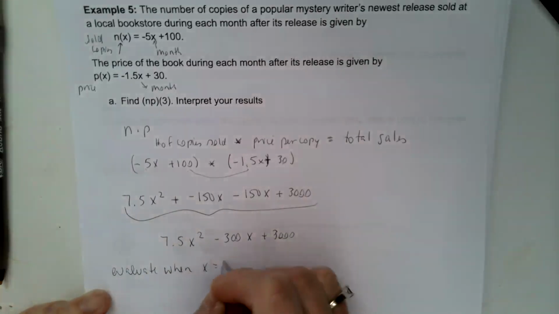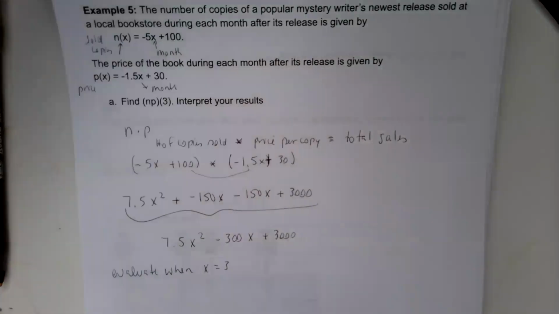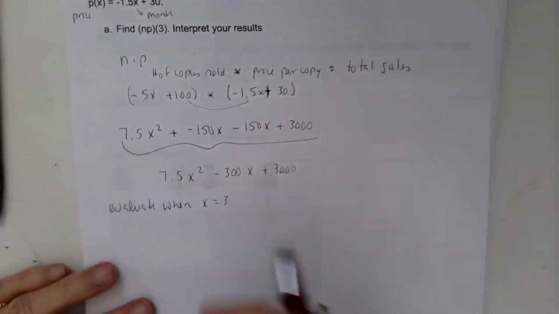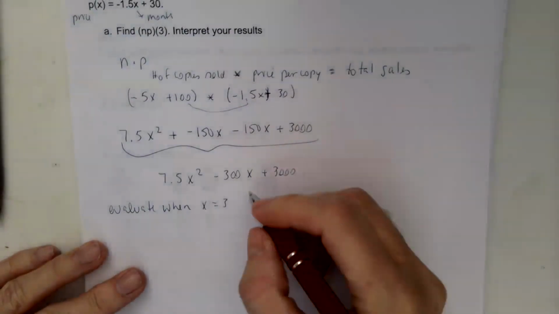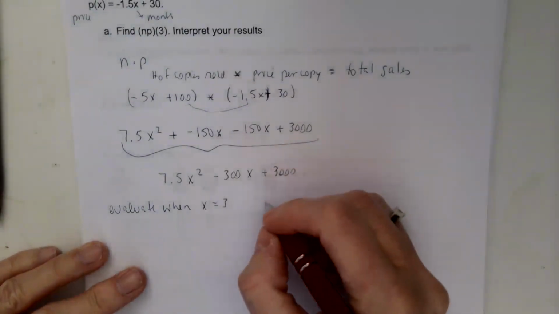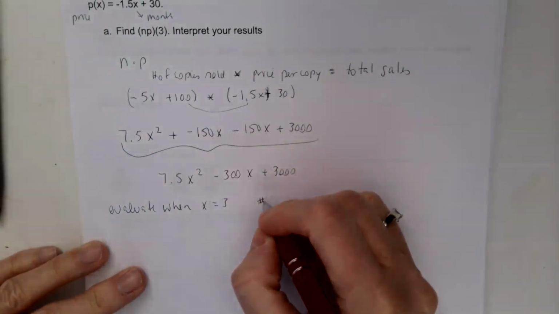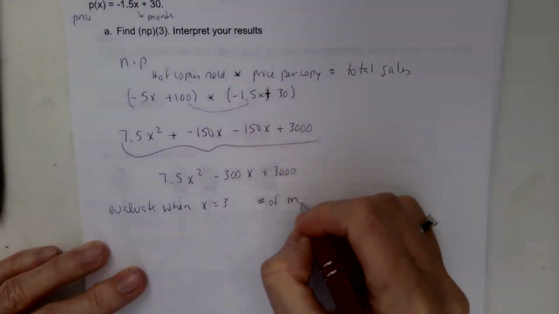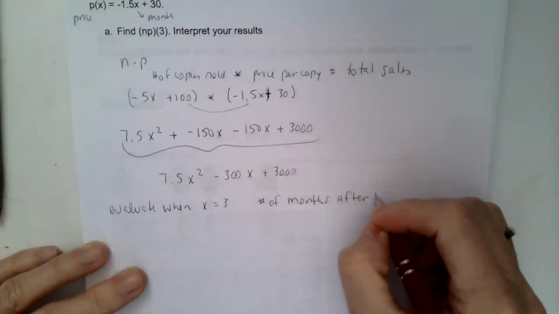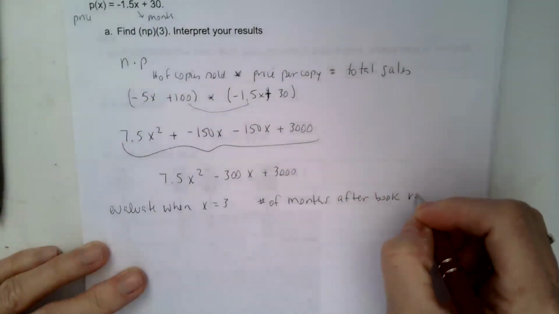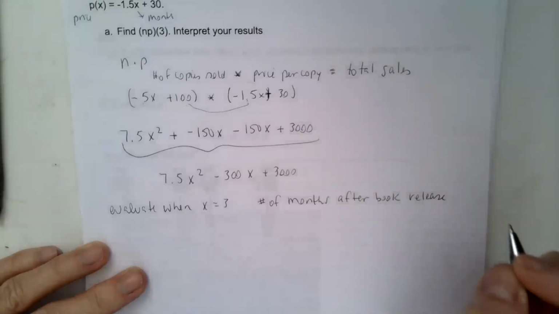And then evaluate when x equals 3. Let's remind ourselves what x equals 3 means. x is the number of months after the book release.